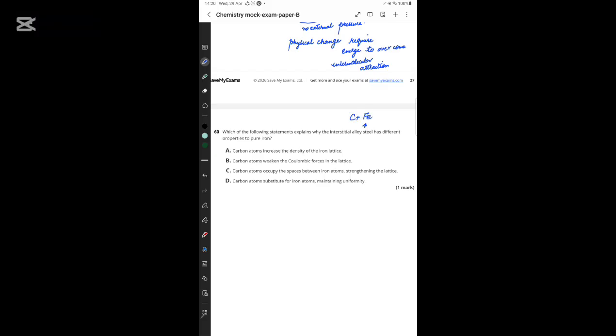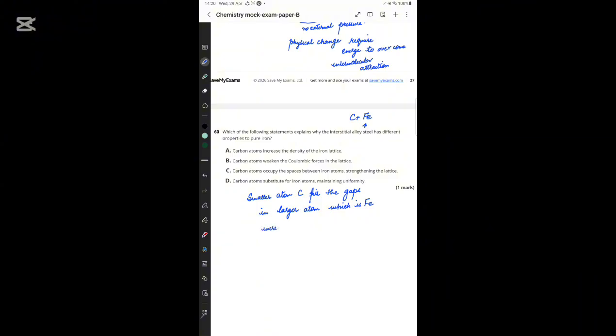So what happens in them is that the smaller atom, which is carbon, fills the gaps in the larger atom, which is Fe, and what does it do?